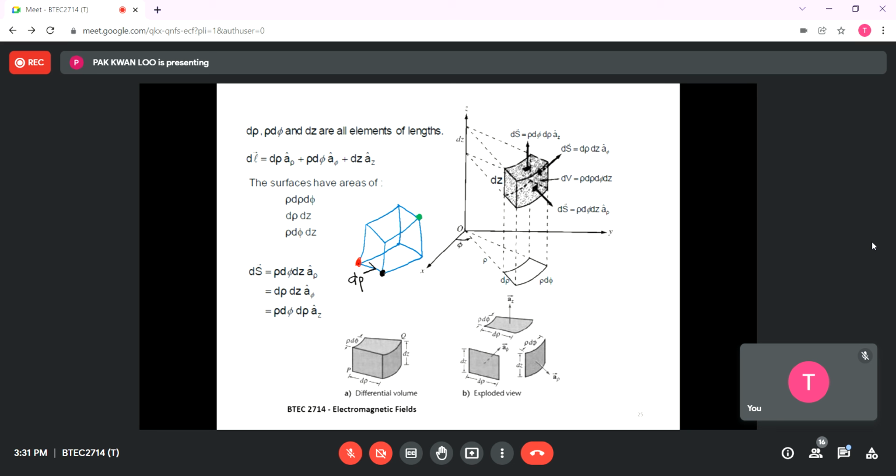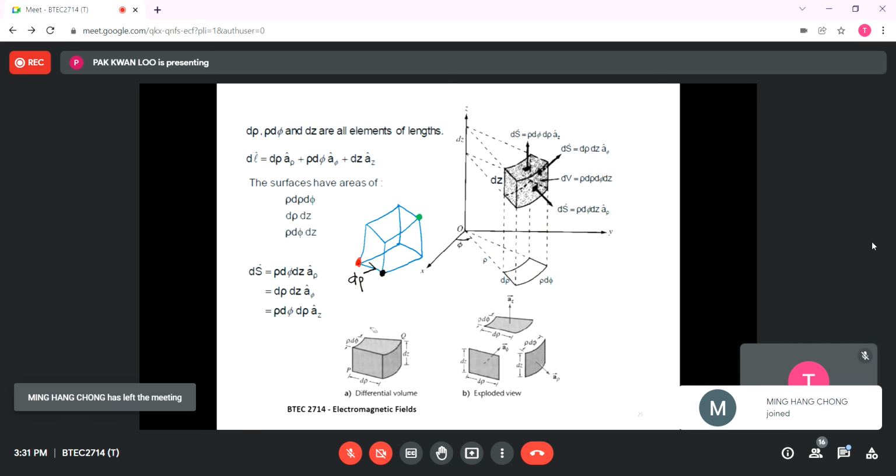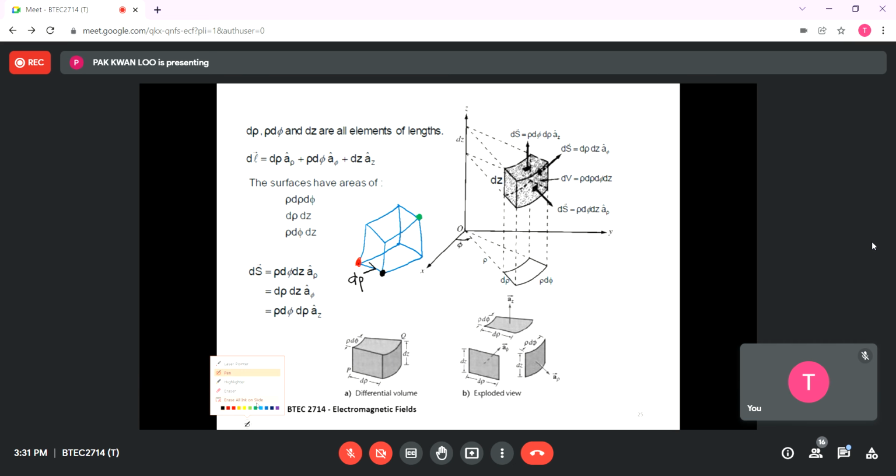And after that, you move across this. If this is a small angle, I mean this is for a cylinder, we are moving a small differential arc length, and therefore this is associated with the angle d phi.